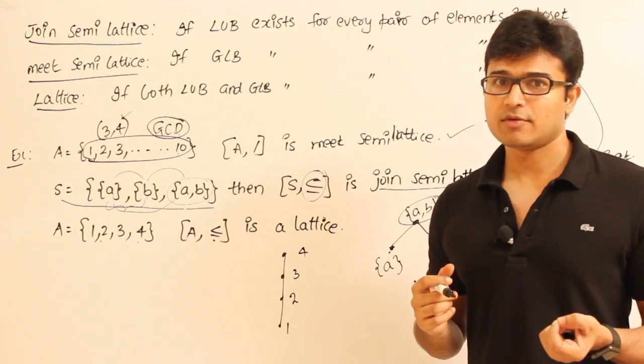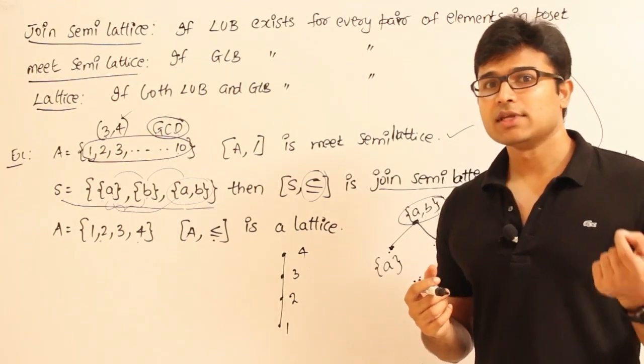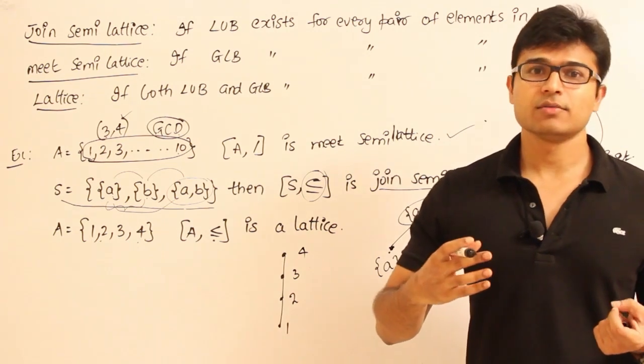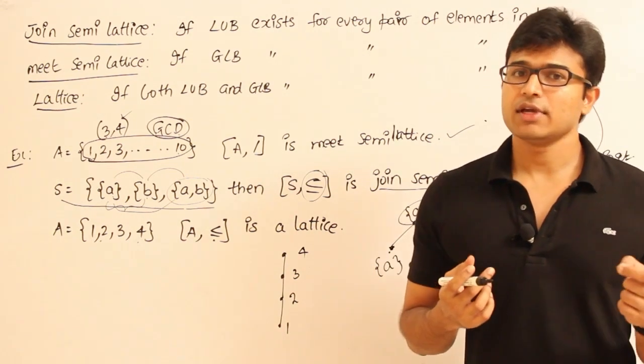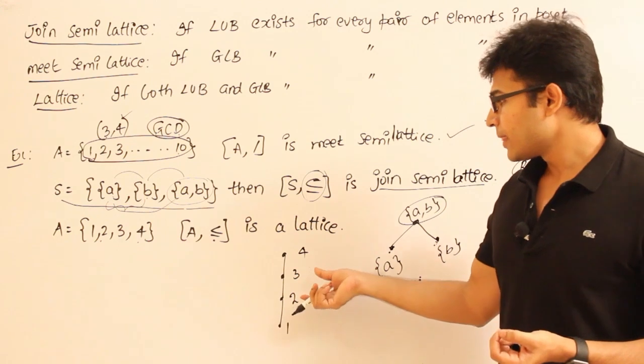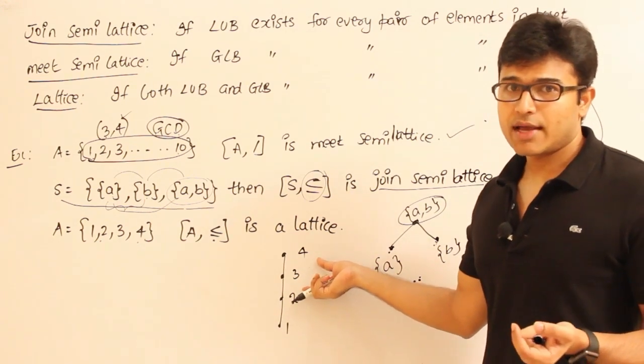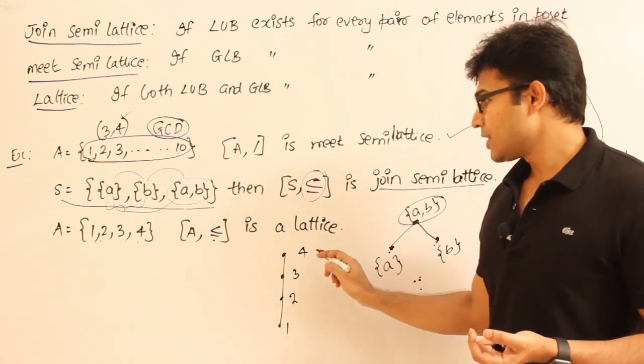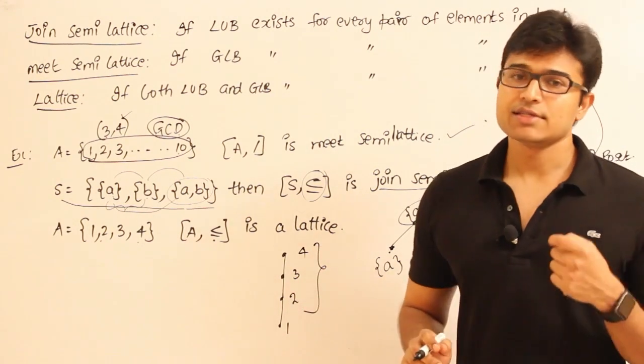Therefore, for every pair of elements, one of them is the least upper bound and one of them is the greatest lower bound. Therefore, we can directly say that both the GLB, greatest lower bound, as well as the least upper bound exist for every pair of elements. Therefore, it is a lattice.